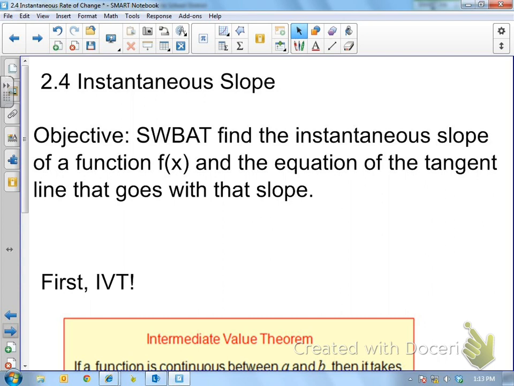Oh boy. So first we have to quickly talk about intermediate value theorem. We didn't have time yesterday. I wanted to give you a little time to work on the assignment. And it's something we need to see, and it works really well with continuity, which is why they put it with continuity. But the actual AP questions you would see using intermediate value theorem, we need a lot more information.